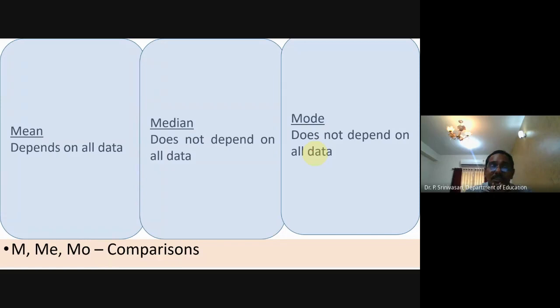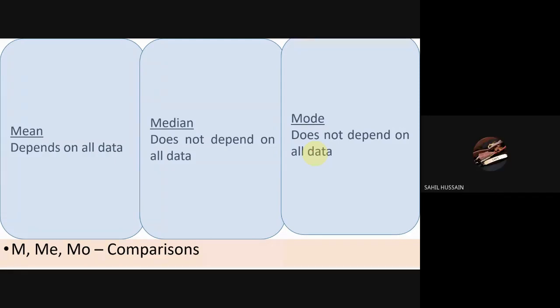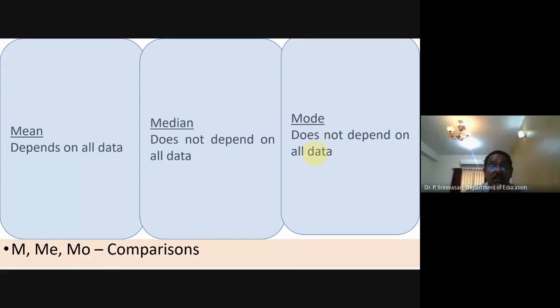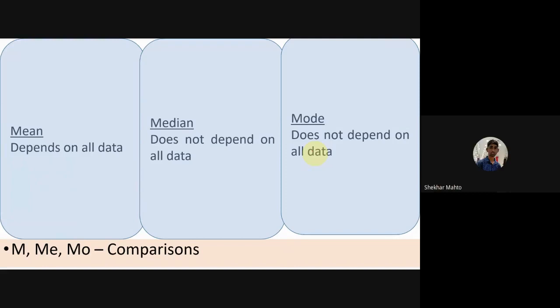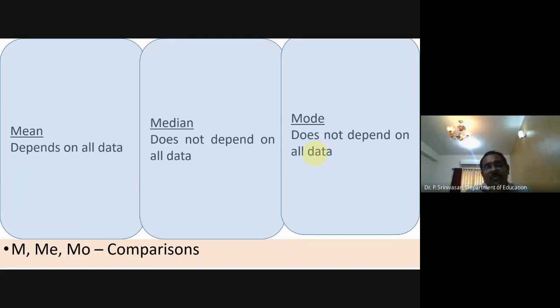So among the three, which will be a stronger statistic? Mean, sir. Mean is the stronger, powerful statistic, because it takes care of all the data. If someone takes care of all the data, then that will be powerful.